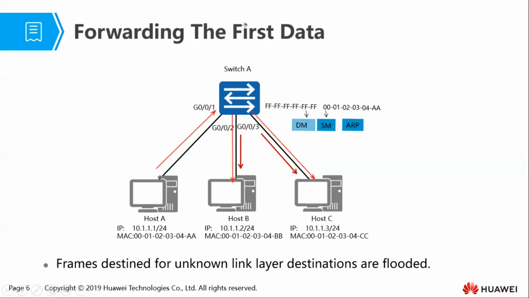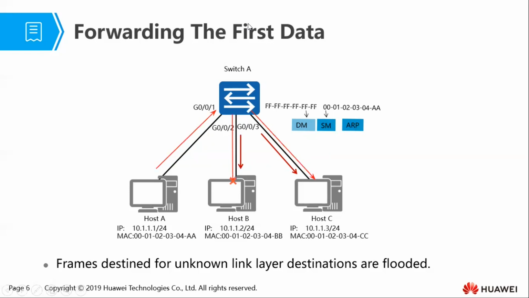Now, once that happens, this host is going to check the ARP header. The ARP header will have an IP address in its destination IP address field. When it checks that and sees that its address is not matching, it's going to discard that frame.